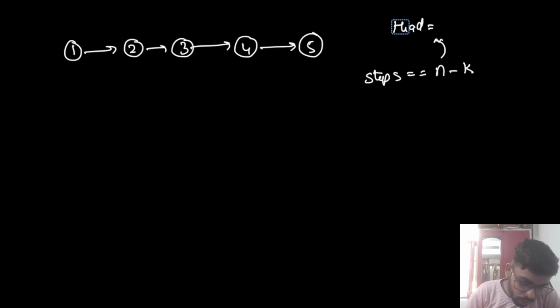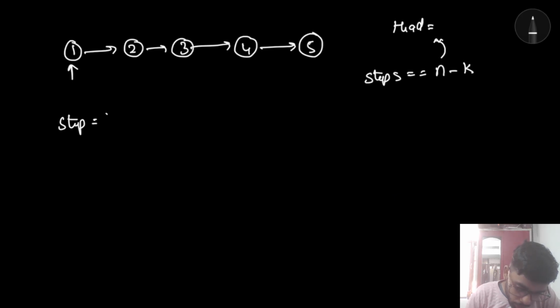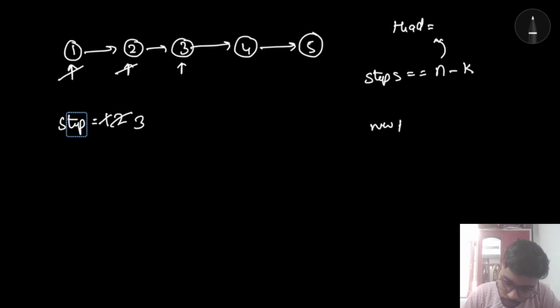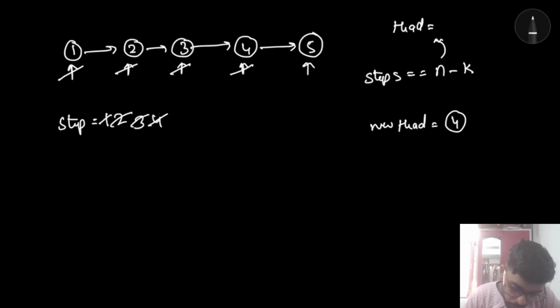So this is the head. I will traverse this, and steps will be equal to 1. Then I will move, and step will be equal to 2. Then I will move, step will be equal to 3, right? At 3, the new head will be 3's next, so 4, right? Then I will move here, it will be 4. Then I will move here, it will be 5.